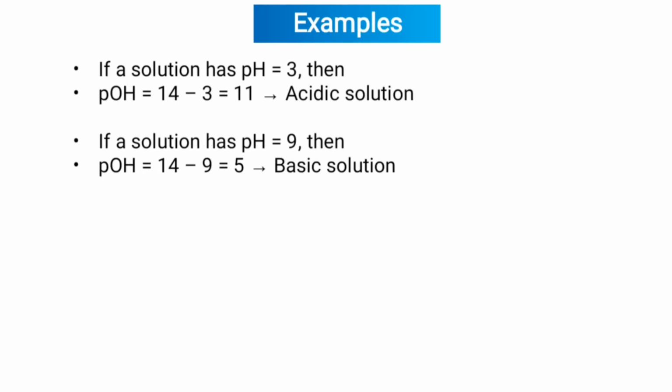Examples: if a solution has pH equal to 3, then pOH is equal to 14 minus 3, which is equal to 11, an acidic solution. If a solution has pH equal to 9, then pOH is equal to 14 minus 9, which is equal to 5, a basic solution.